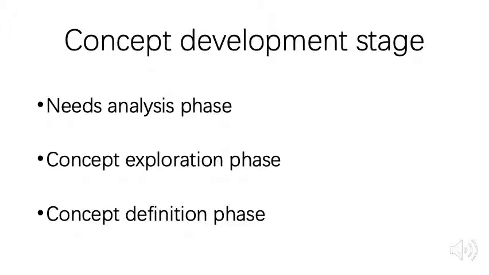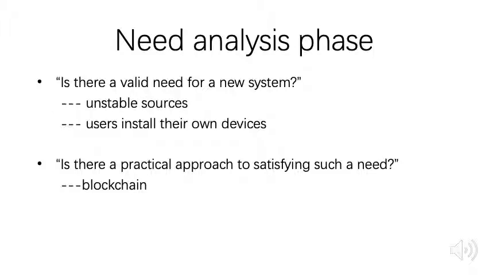So these are three parts of the concept development stage, and I introduced it in the last video. The first one is we need to know the need of the system. And for our example, we need to know the needs of the electrical power system of now.